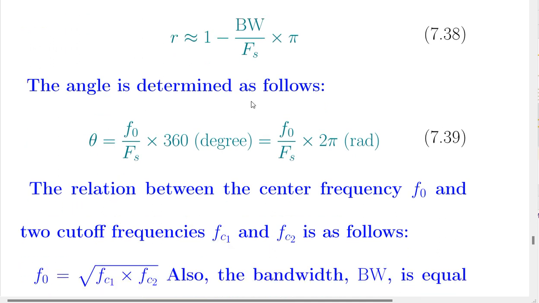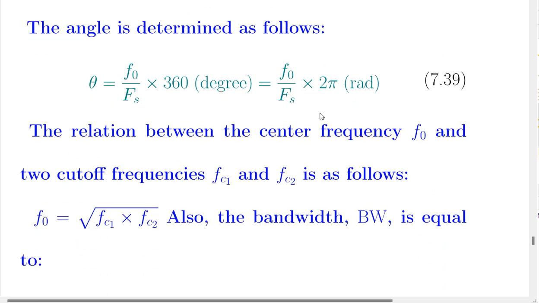The angle is determined as follows: theta will be equal to F0 over Fs times 2 pi radian. No, radian per second is for the analog prototype.